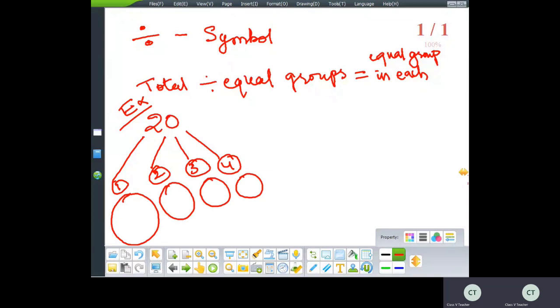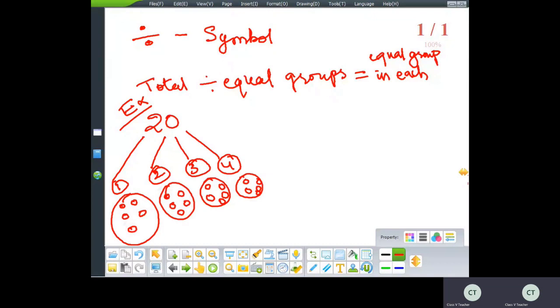Let me go on, see here. 1 chocolate, 2, 3, 4, and I'll continue till 20: 5, 6, 7, 8, 9, 10, 11, 12, 13, 14, 15, 16, 17, 18, 19, 20.